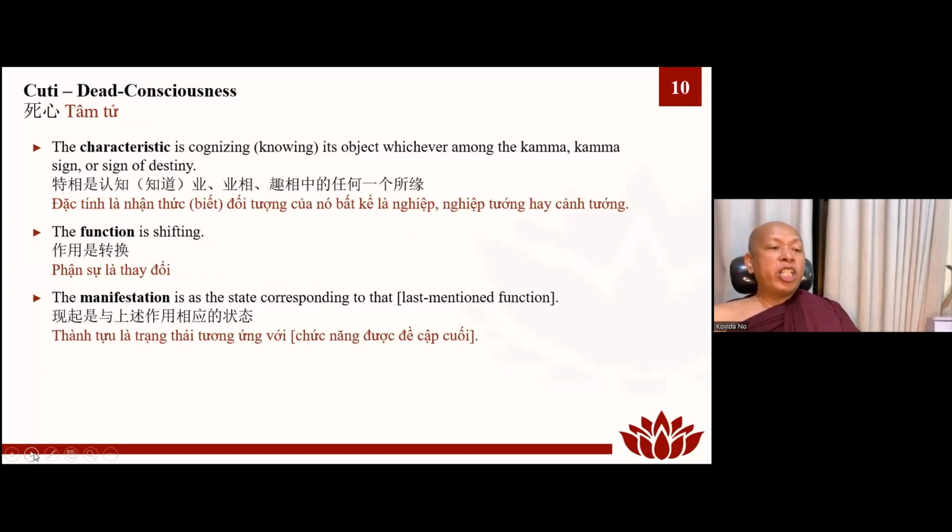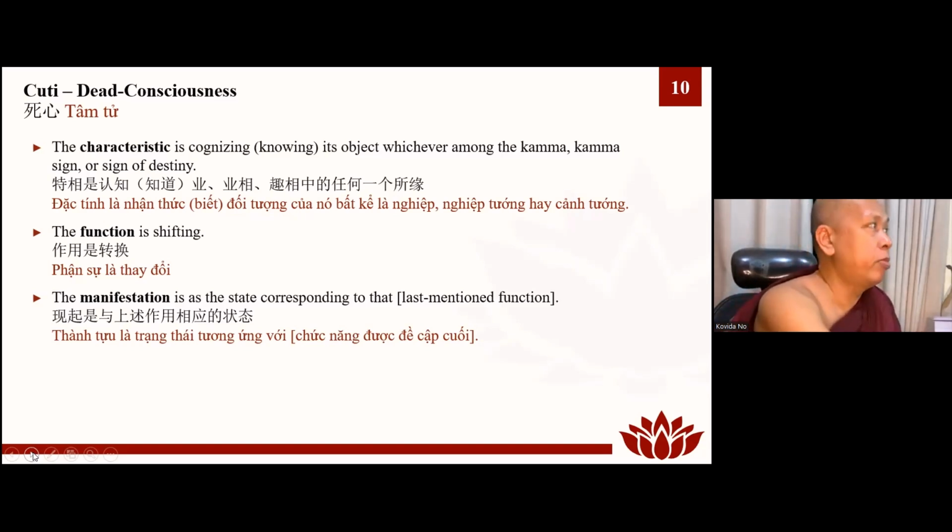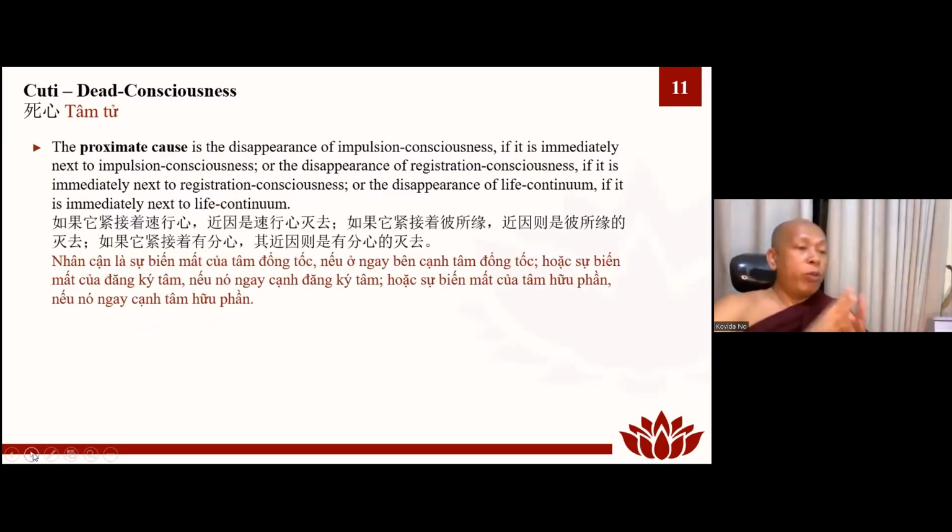The manifestation is a state corresponding to the last-mentioned function. This is called manifestation. The proximate cause will be a very long explanation because we may have many different types of mental process in near-death moments. That's why it will be very messy for you. Those who have never learned Abhidhamma will not understand all these things.